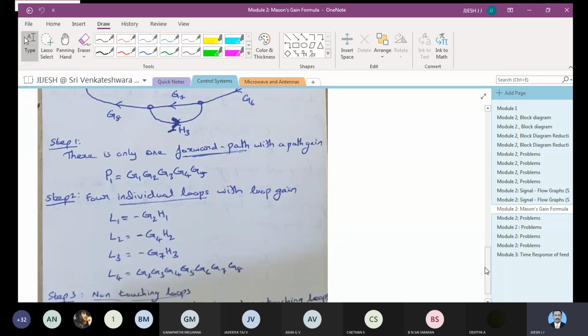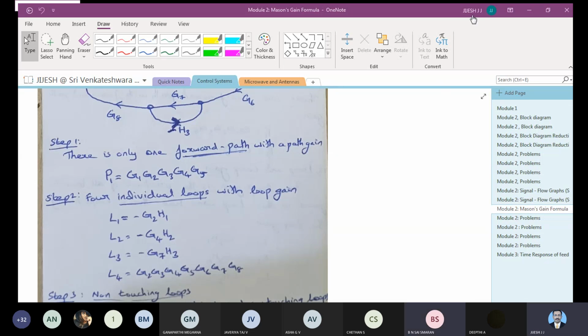Now the next step is non-touching loops. How many of you can say which are non-touching loops? We have named the loops L1, L2, L3 and L4. Now you should tell me which are non-touching loops. Non-touching means what? I have already told you. Somebody say it: don't touch me.